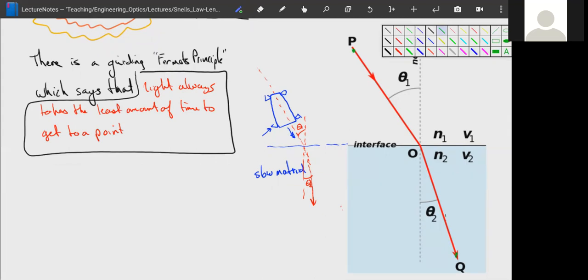If we were to go down a straight line, if our light was to take this path, it's actually spending more time in the slow path and less time in the fast path. So it's going faster here, it's going slower here, but it's a longer distance in the slow period than along this path here. So this path represents an optimal path for time.